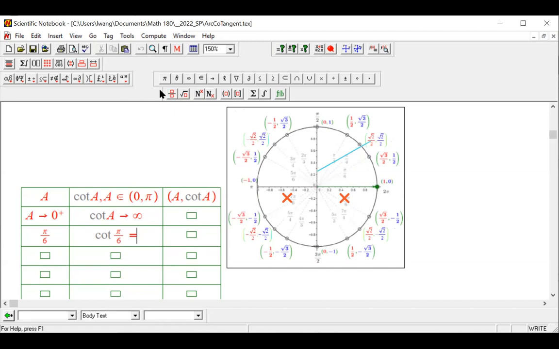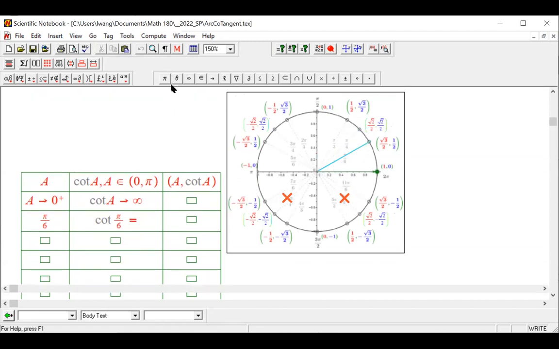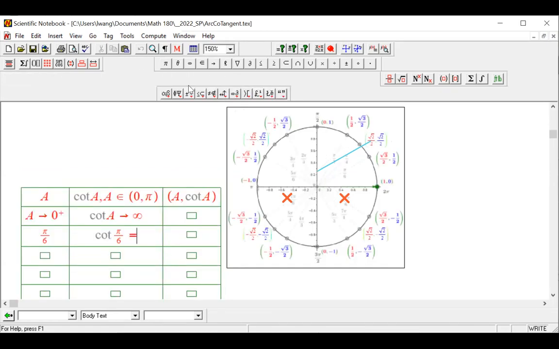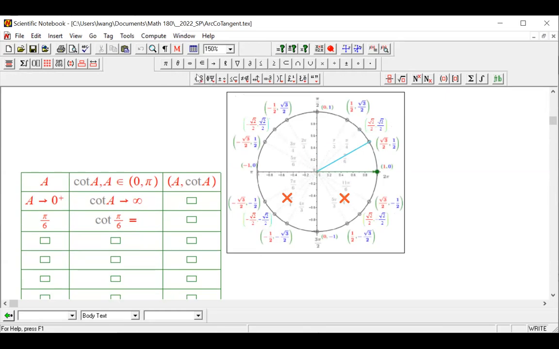Oh, come on. This software is very good in many ways because it gives that mathematical, what you type is what you see.